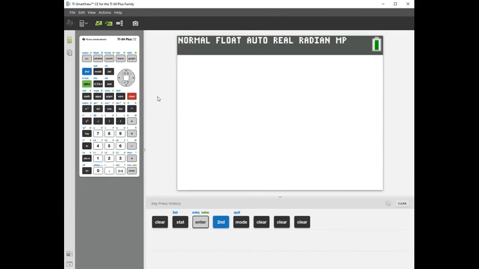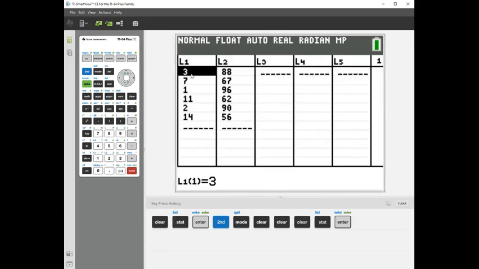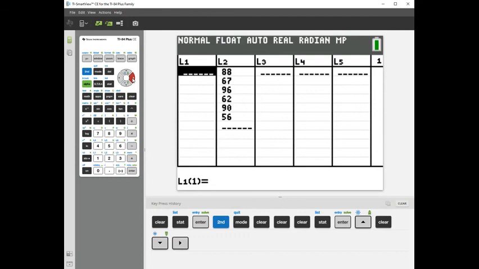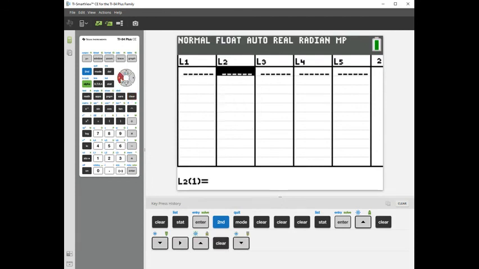Now we're going to enter our data from the table into the calculator by going to Stat, Edit, so click Enter when you get to Edit. And we want to clear out all of the data that's already in there. So I'm going to go up to L1 and click Clear to clear out my list. And then do the same thing with L2. Click Clear and clear that list out.